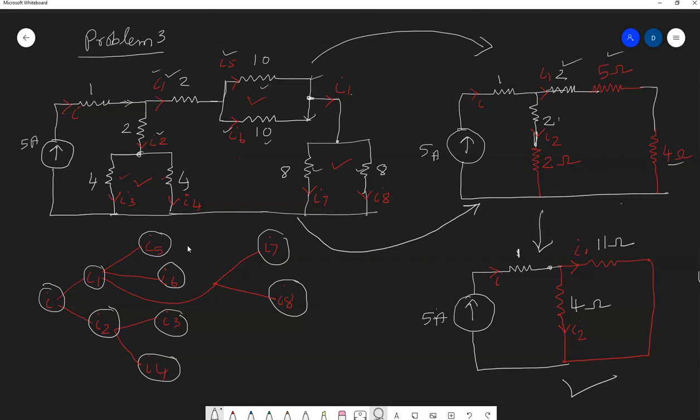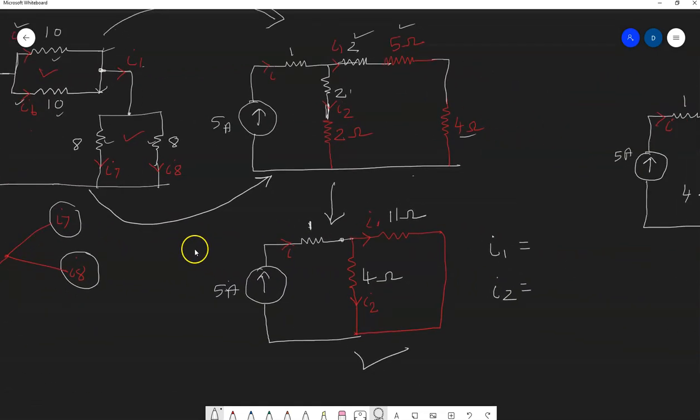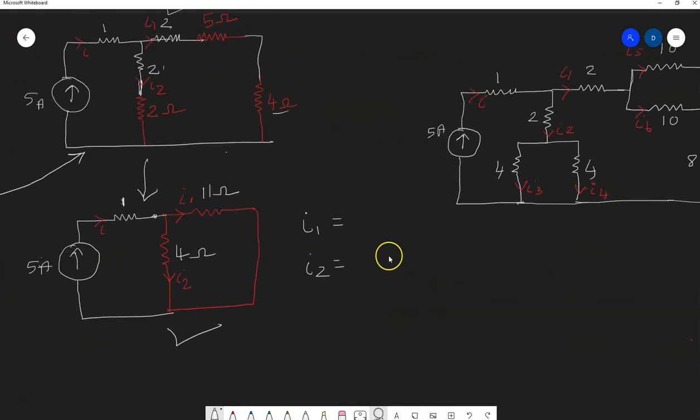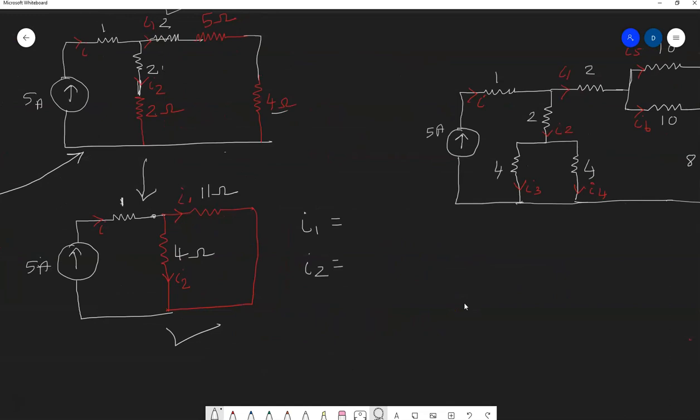Now probably you can continue finding the currents I1 and I2. So what is the current I1? The current I, which is 5 amps, gets divided into I1 and I2. So I1 is the other resistor, that is 4, divided by the total resistance, that is 15, times 5.